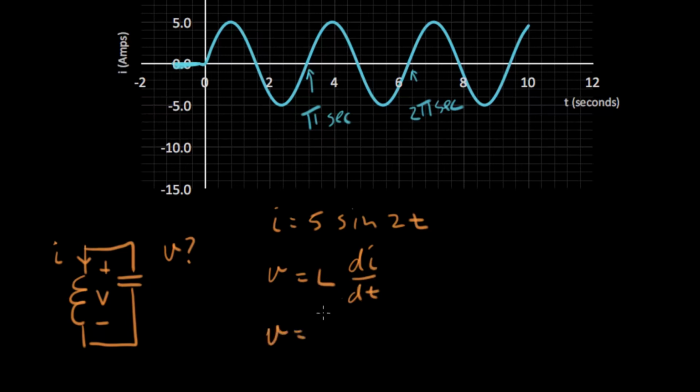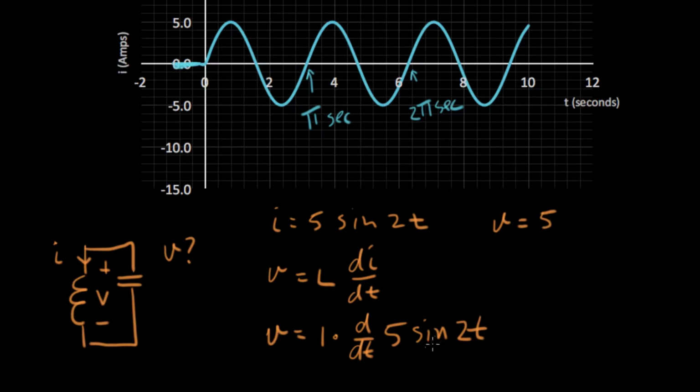V equals L, which is 1, times di/dt. So that's d/dt of 5 sine 2t. Now let's take that derivative. V equals 5 comes out of the derivative.